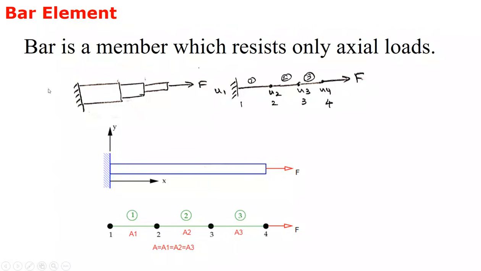Now the bar element. A bar is a member which resists only an axial load. When an axial load is applied to any structure, that will be considered a bar element. The first one has three stepped bars, so at minimum we want to create three different elements. In previous videos we discussed the factors affecting the discretization process, where we mentioned that geometry can influence discretization.